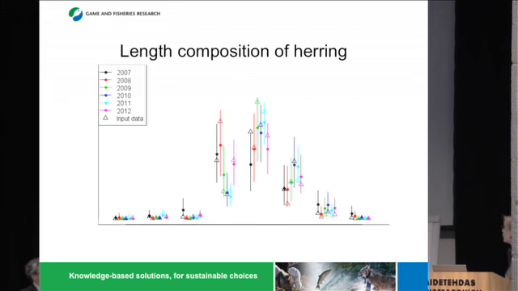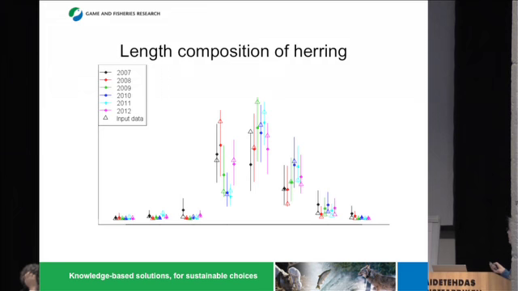But then when we go forward to the length composition estimates, we can see that the fit with the input data is rather good, rather similar for most of the years, so there isn't much of a conflict there.